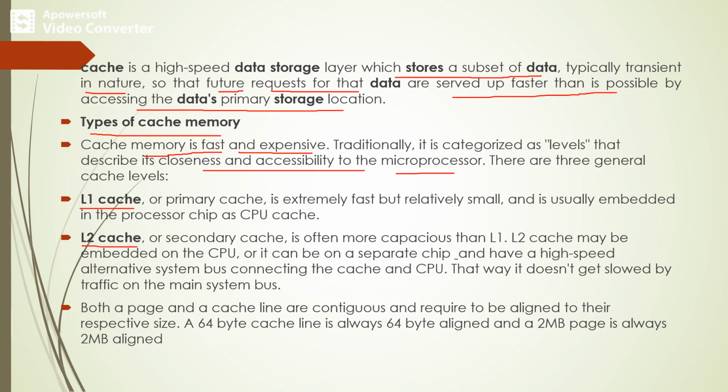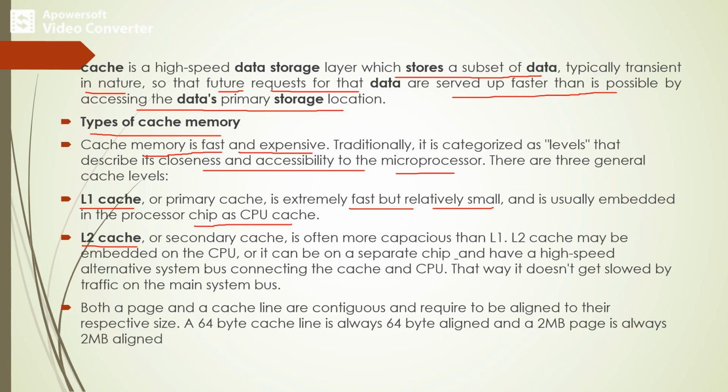L1 cache, or primary cache, is extremely fast but relatively small. Since the memory storage capacity is small, read or write operations can be performed very quickly, and it is usually embedded in the processor chip as CPU cache.